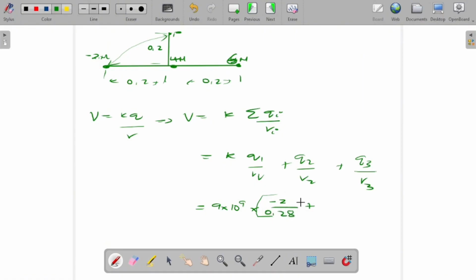Thank you. And then multiplied by 10 to the negative 6 because it's micro. Then take the second charge, 4 by 10 to the negative 6 divided by its distance, which is 0.2. And then the third charge, 6 by 10 to the negative 6 over its distance, which is also 0.28. So guys, multiply, add, and then multiply.